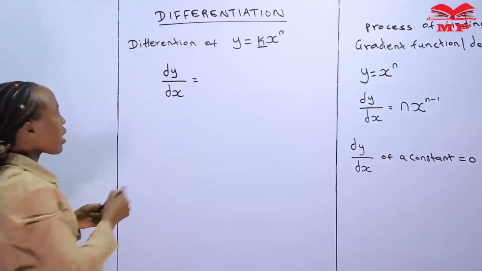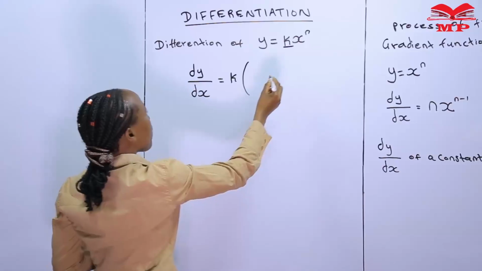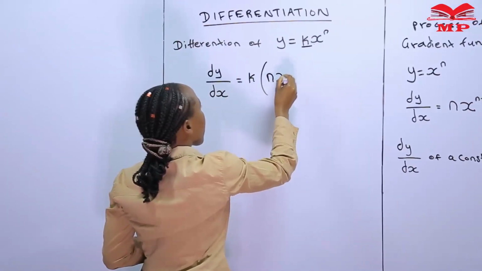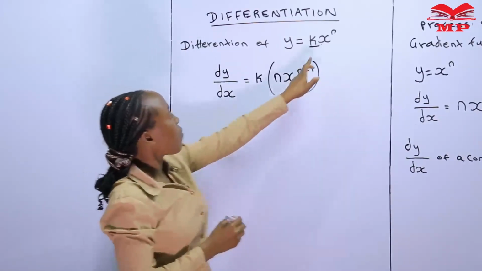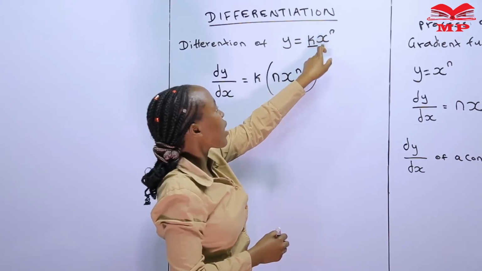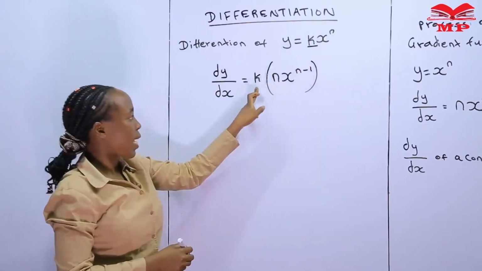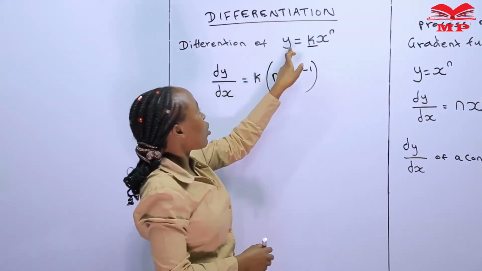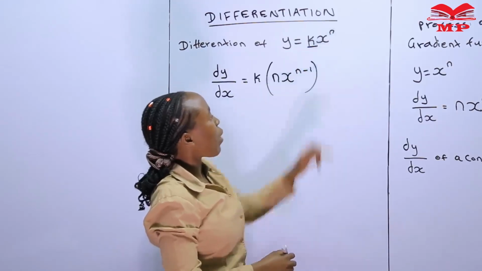The constant is there, we multiply by the derivative of this, which is nx^(n-1). So it's simply finding the gradient function of x raised to power n, then multiplying by the constant k. That's how we find the derivative of the equation y is equal to kx raised to power n.